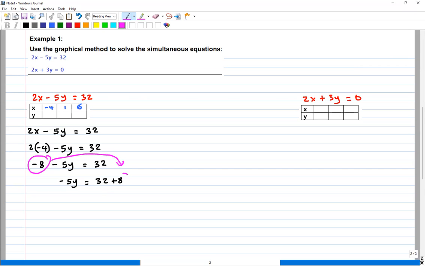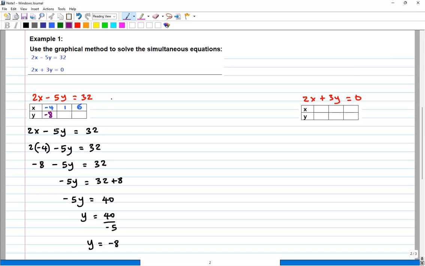That's why here we have it as plus. So we have minus 5y, it is equal to 40. So y is 40 divided by minus 5, and y is minus 8. Okay, so when x is minus 4, y will be minus 8. So let us write minus 8 here.